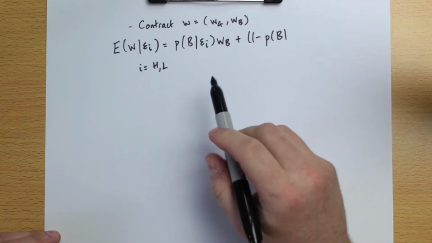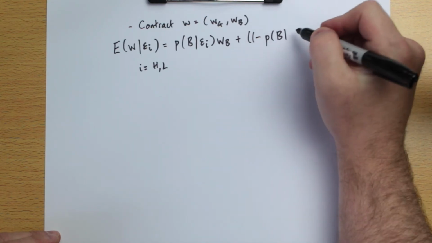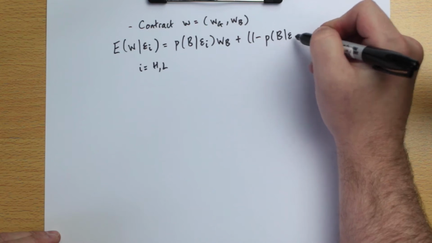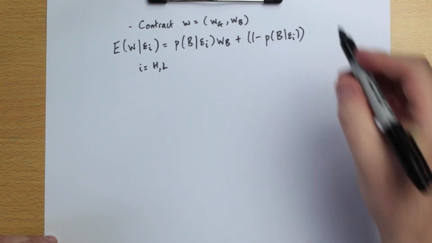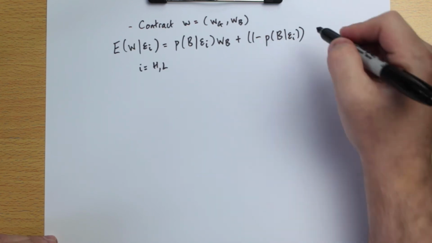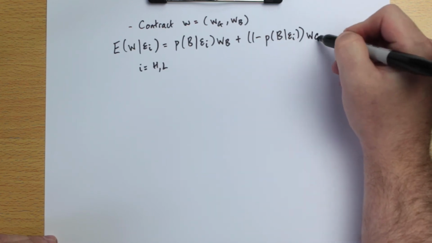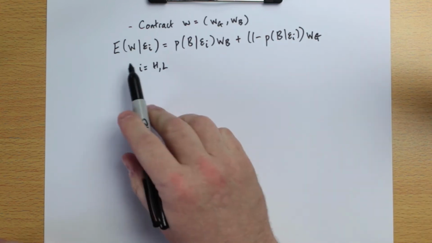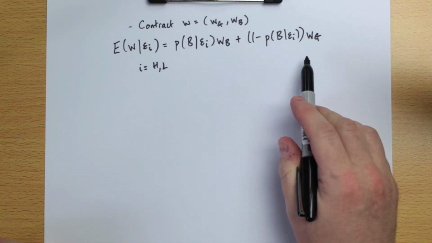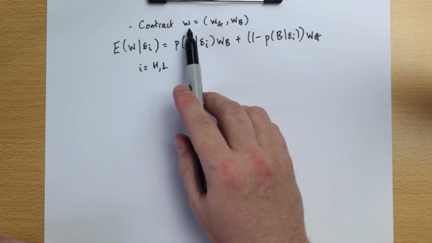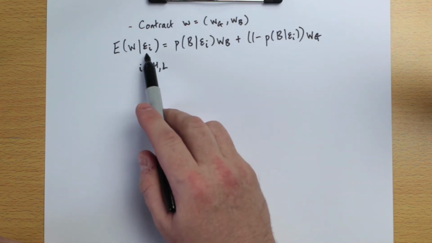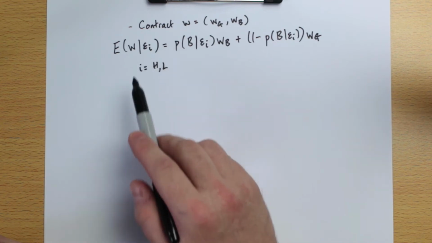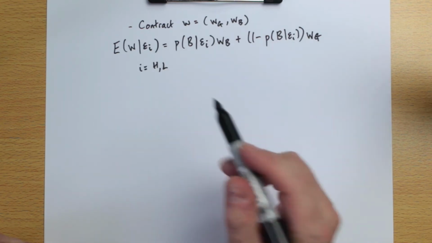There's only two states, so these probabilities sum to 1. So this is the probability of the good state, conditional on effort epsilon I, and multiply that by WG. So this is the expected cost when the firm is using contract W and the level of effort is epsilon I, either high or low effort.